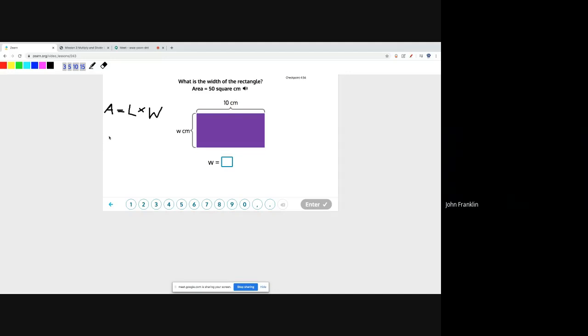We know our area, which is 50. We know our length, which is 10. We're trying to figure out our width. What do we have to multiply by 10 to get 50? Well, it's 5. 5 times 10 is 50. So our width would have to be 5 to make the area 50.